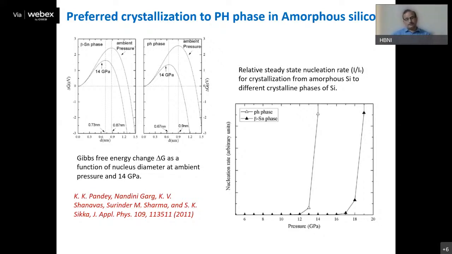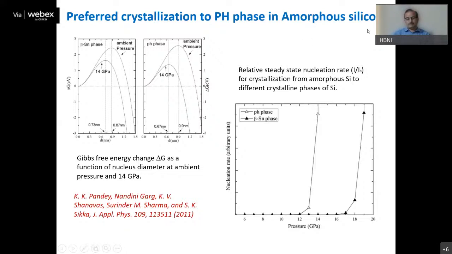So you can reach a pressure where there can be a significant enhancement in the diffusion, and you can invoke this nucleation and growth process.